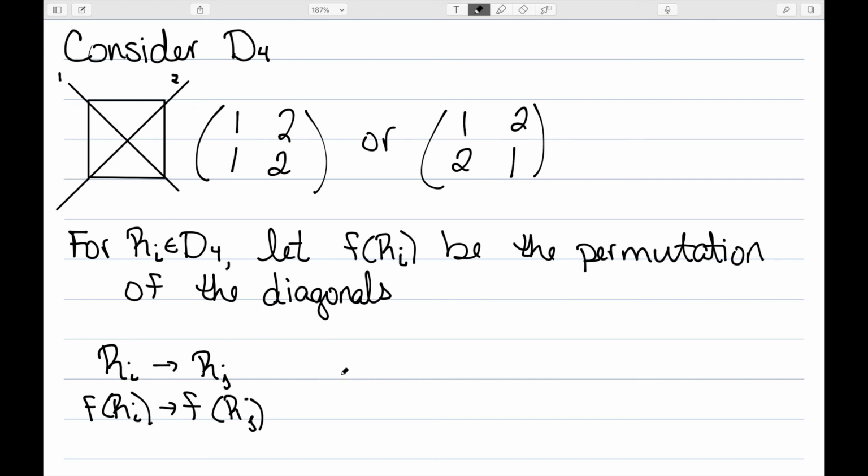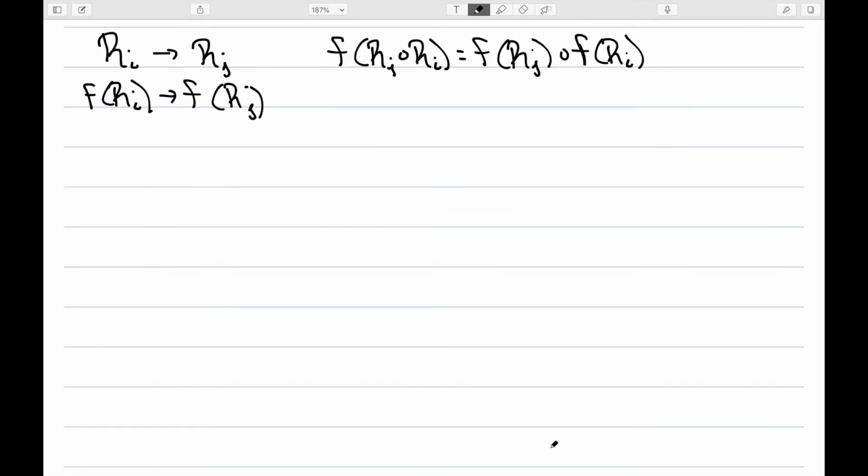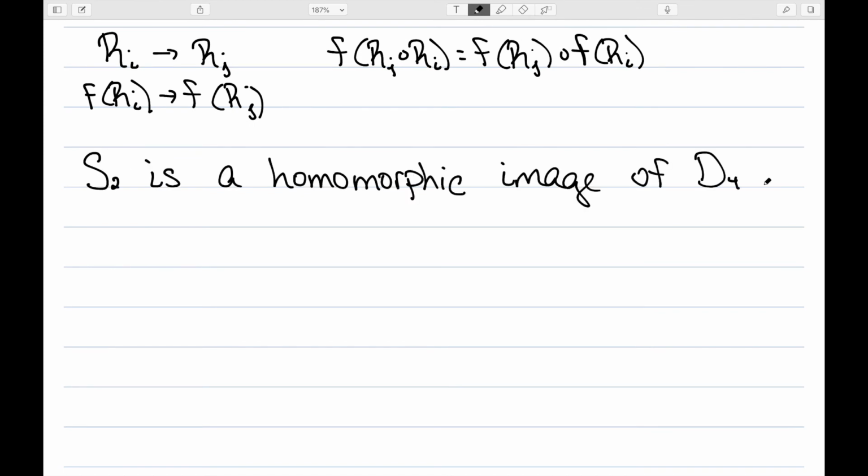So what this tells us is that if we perform the composition Rj composed with Ri, and then perform my function f, that's the same thing as saying f of Rj composed with f of Ri. So now we have that this is a homomorphism, and we have even more than that. Since this is surjective, S2 is a homomorphic image of D4.